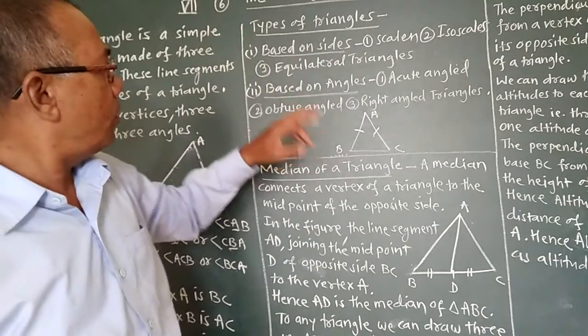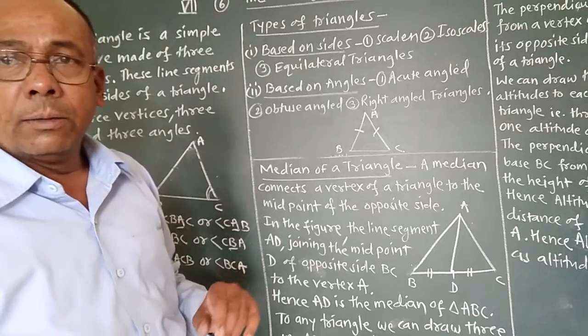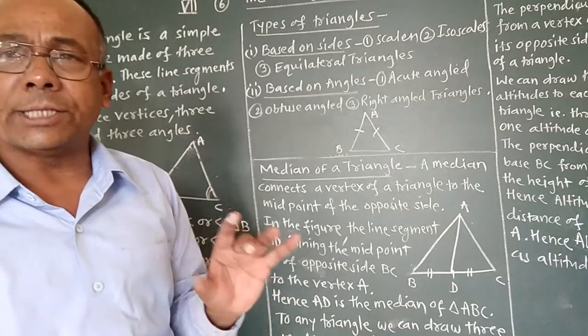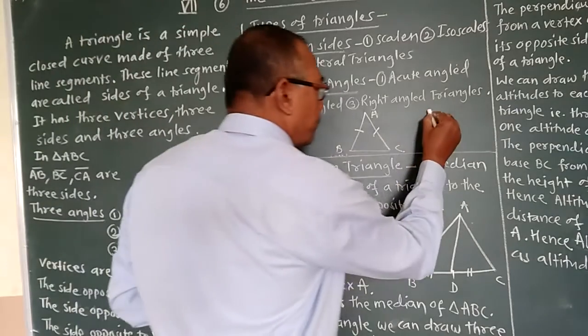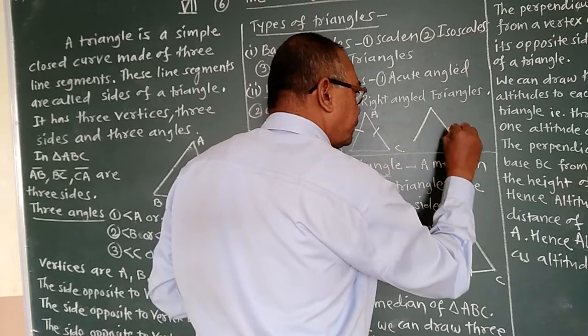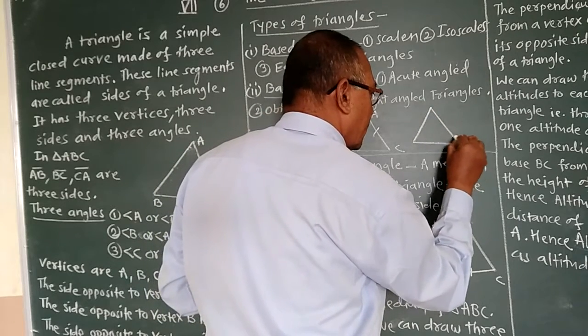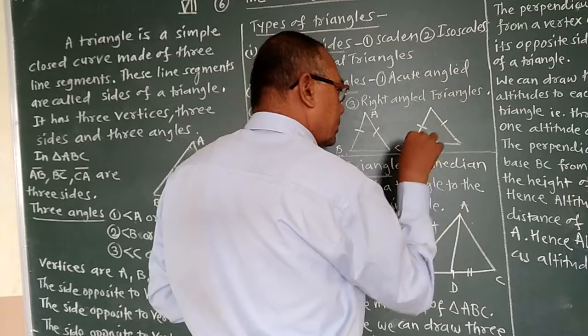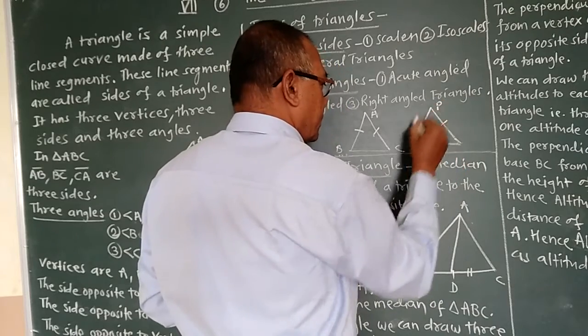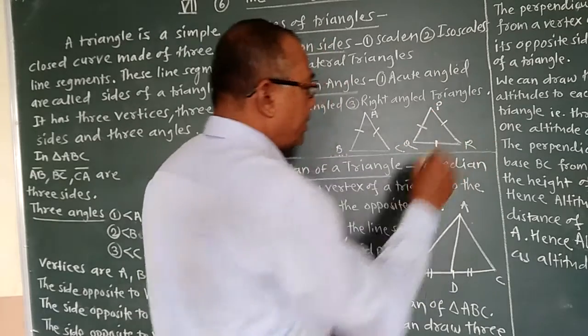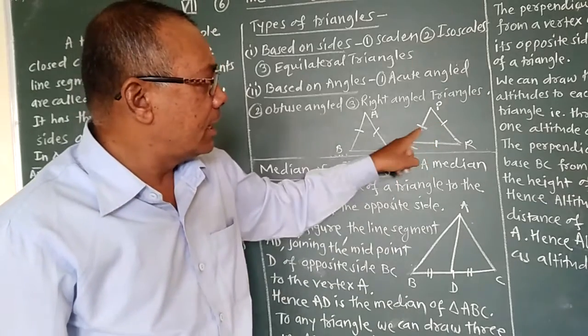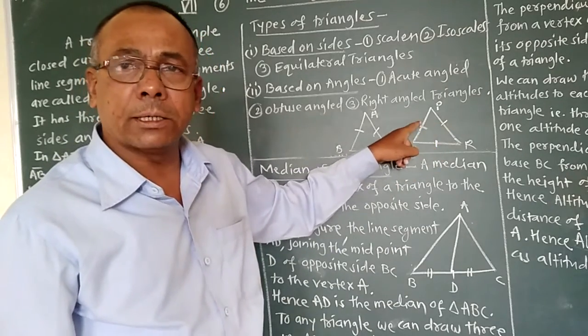Now equilateral triangle means if all the three sides are equal. Here if we draw a triangle, I have represented all these three sides by same mark.